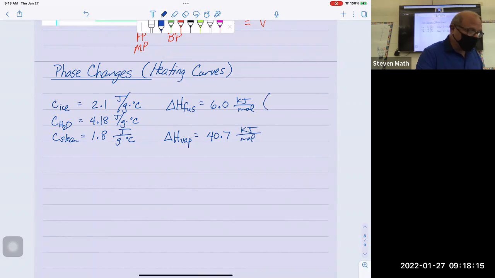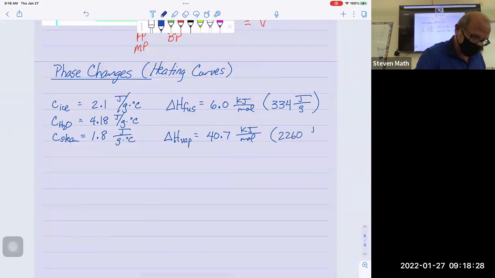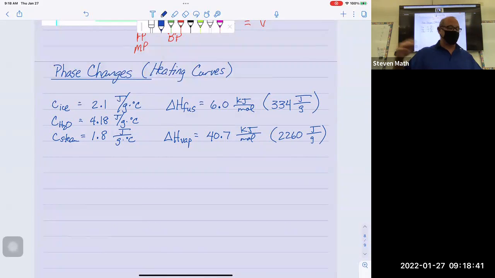Just those are what's given. Those are on the data sheets. It ends up being 334 joules per gram and 2260 joules per gram. Those are just ballpark numbers. You'll get the 6.0 and the 40.7. So you just got to remember when you change the state of matter from solid to liquid or liquid to vapor, please be sure that you convert things to moles and do it there. But we like these.